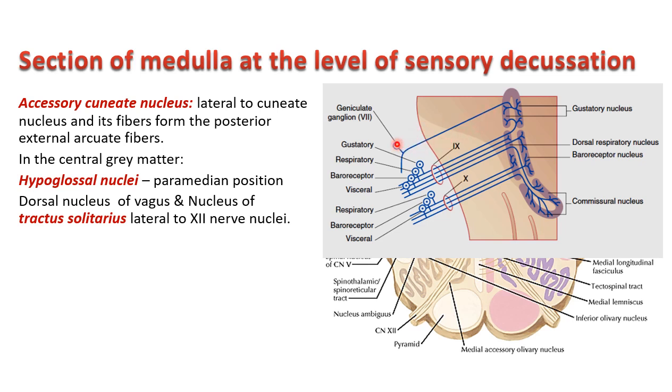In the 7th nerve you have a gustatory part, with the geniculate ganglion seen in the facial canal. The chorda tympani nerve carries taste sensations to the anterior two-thirds of the tongue, and then the glossopharyngeal nerve carries taste sensations from the posterior one-third of the tongue.